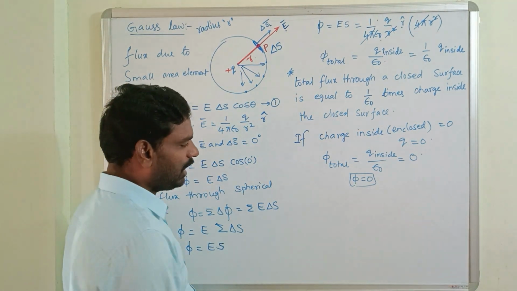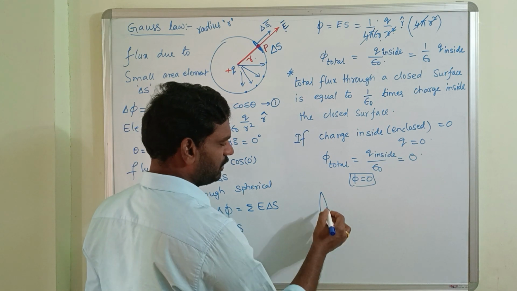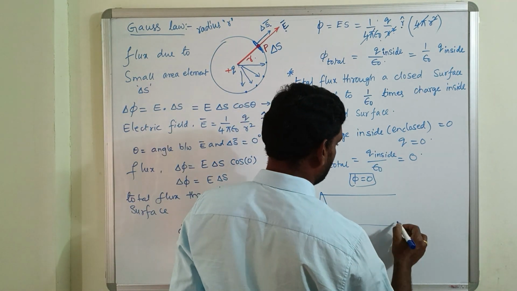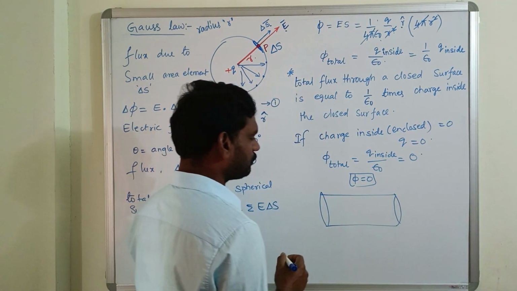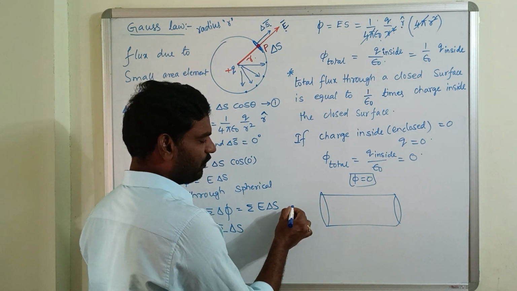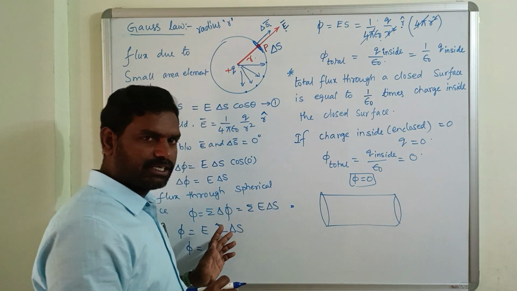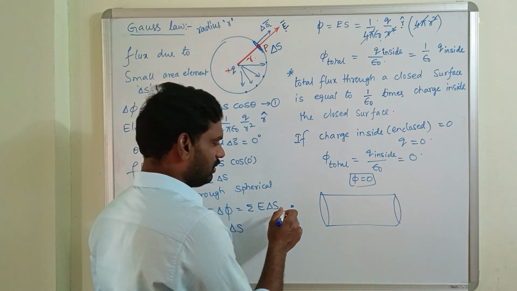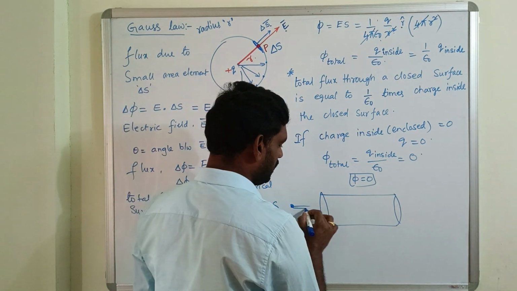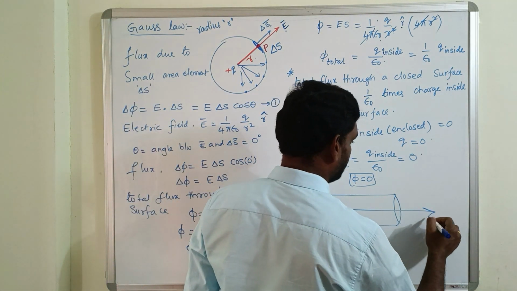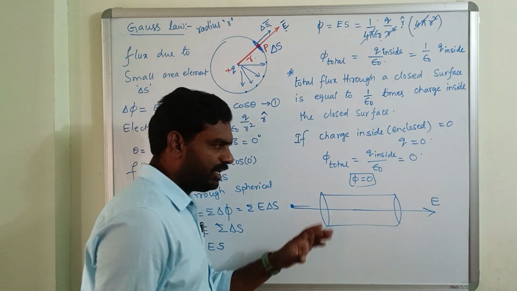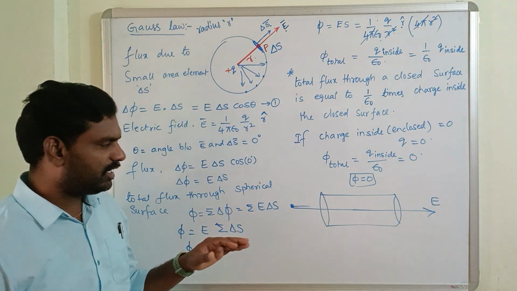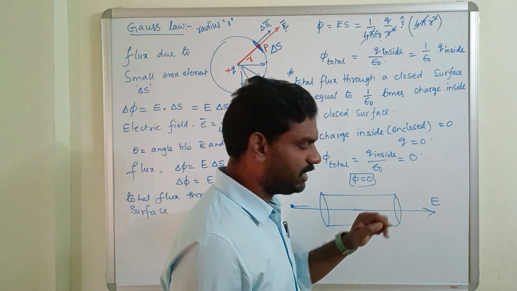For example, I am taking a cylindrical shape like this. The electric field lines are coming from an external source, and let us consider the electric field is going in this direction, pointing along the axis of the cylinder.